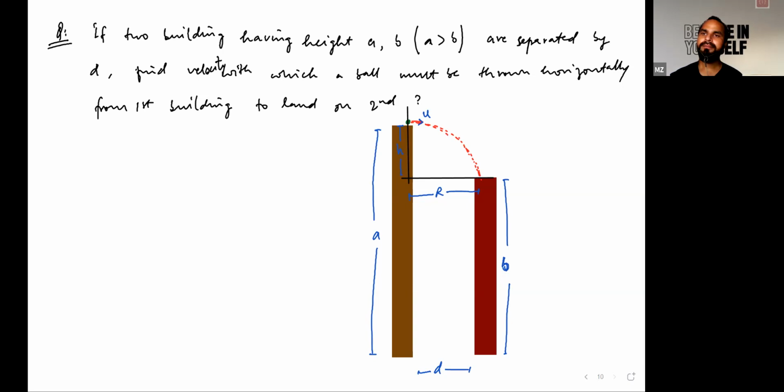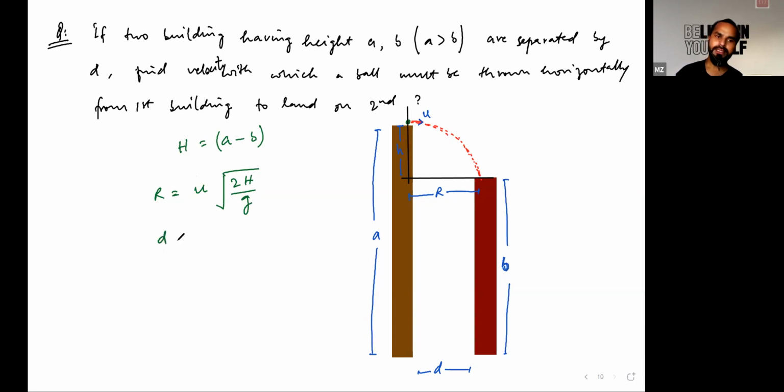Should I solve? Here h is nothing but a minus b. And there is one relation between r and h, which is root under 2h by g. Now from this, we have to calculate this u.